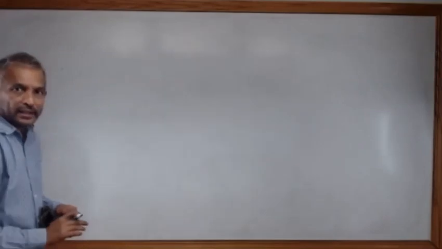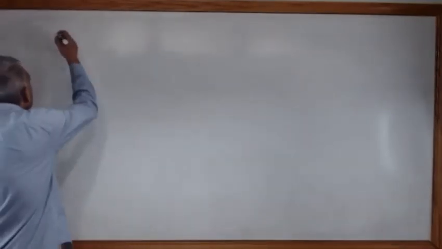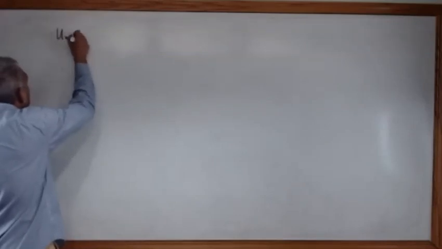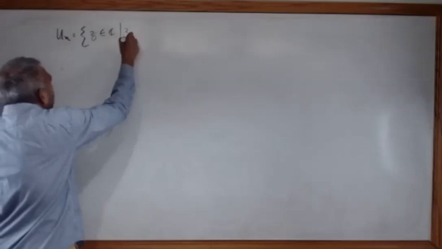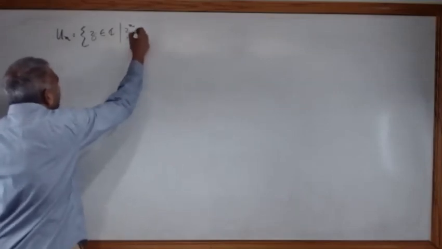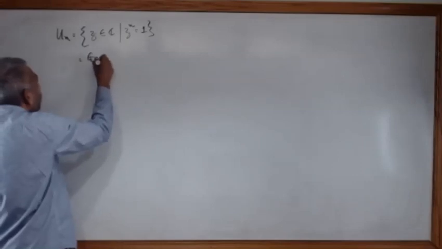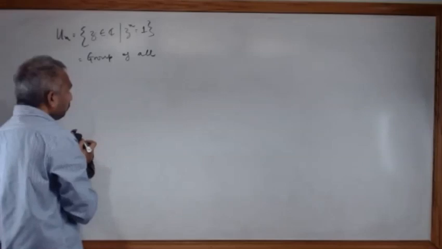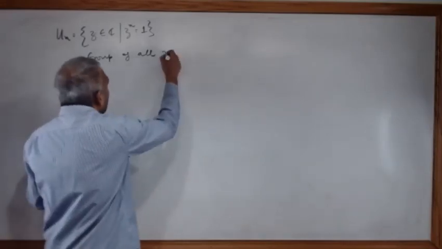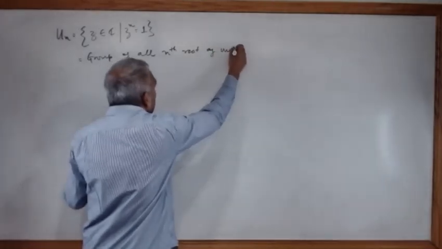I want to give you another example of a cyclic group from geometry. This group you have already seen earlier. Un is equal to complex numbers such that the power of n is equal to 1. These are actually the group of all nth roots of unity.